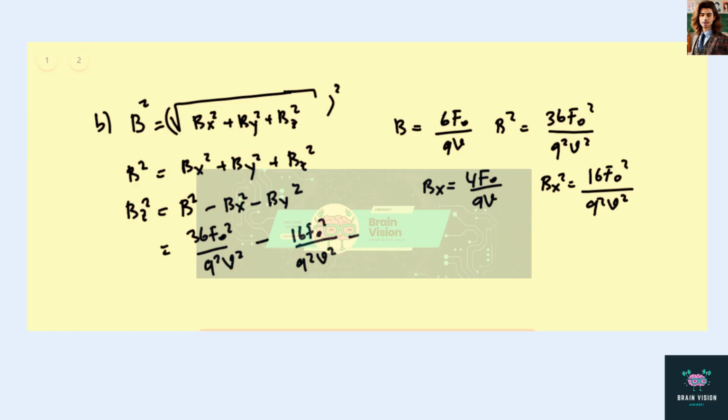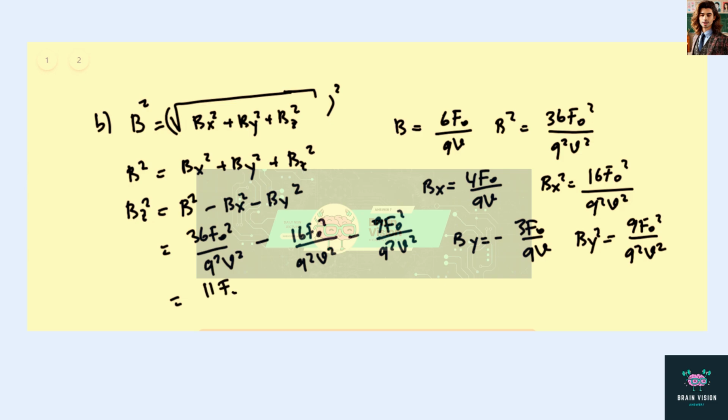By was calculated to be negative 3F naught over q times v. When we take the square, the negatives cancel, so 9F naught squared over q squared v squared. Then for B sub z squared, we have 36 minus 16, which is 20, and 20 minus 9 is 11F naught squared over q squared v squared.